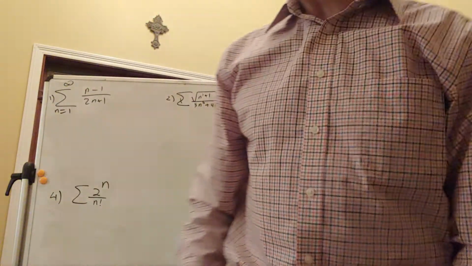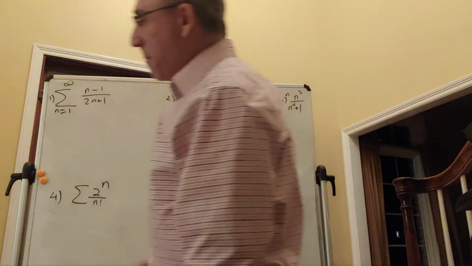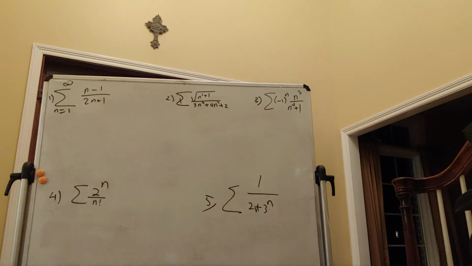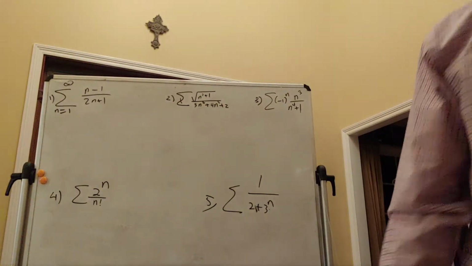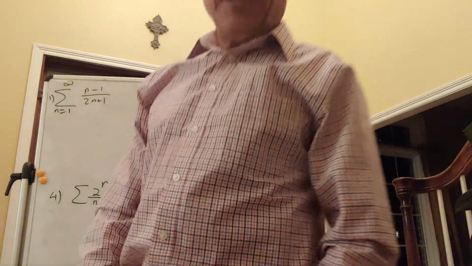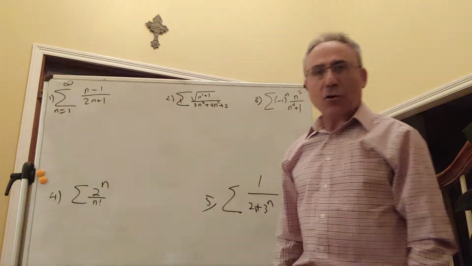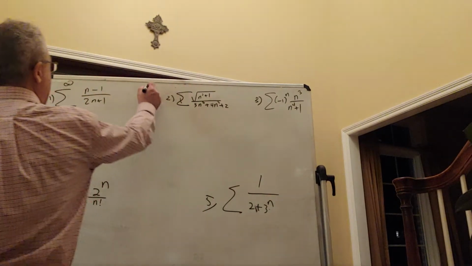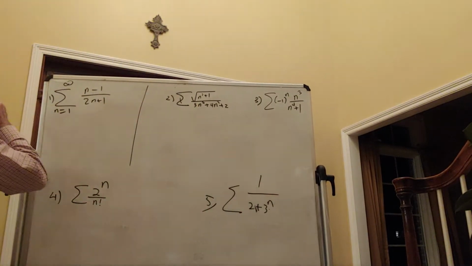So now it's up to you which test to use. For some of them you may have more than one test available. But remember, when you can easily take the limit, the divergence test comes really, really handy. So let's take a look at this problem here.